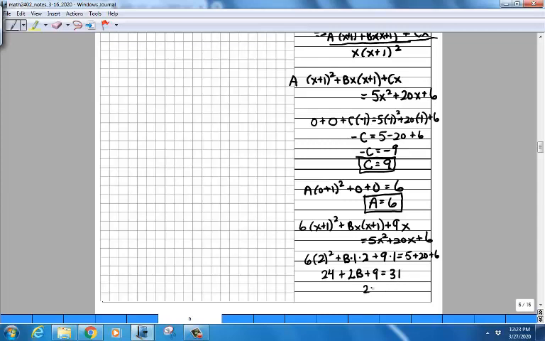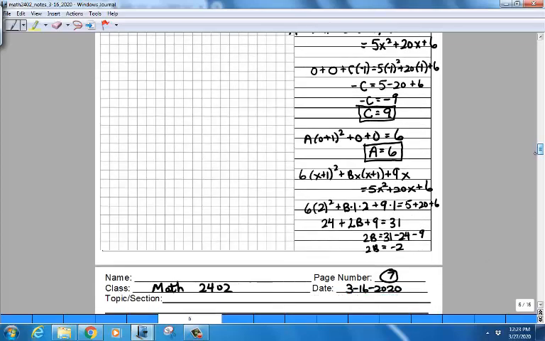So it looks like 2b is equal to 31 minus 24 minus 9. 31 minus 24 is 7, minus 9 is minus 2, so b is equal to -1. Finally, just enough paper there. So there is my value for b.